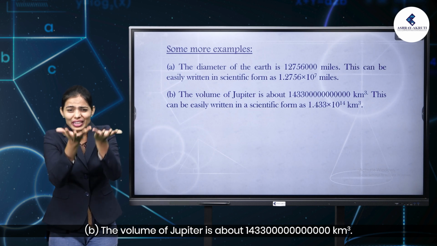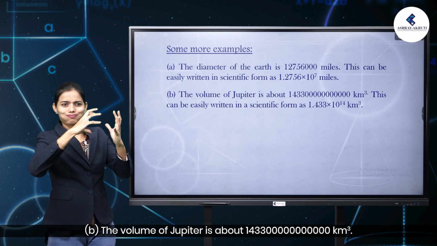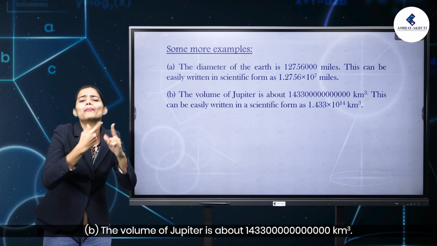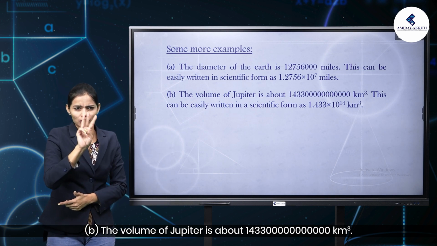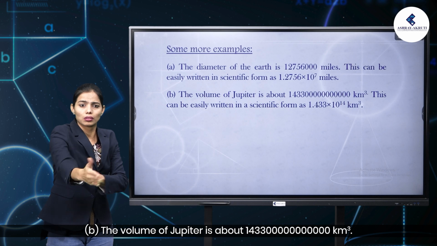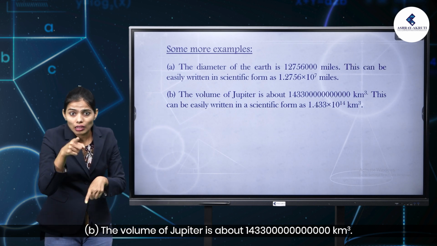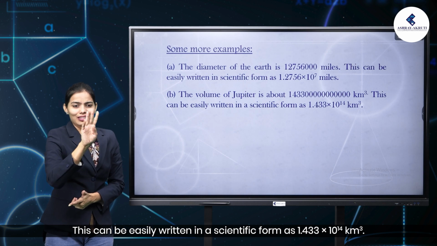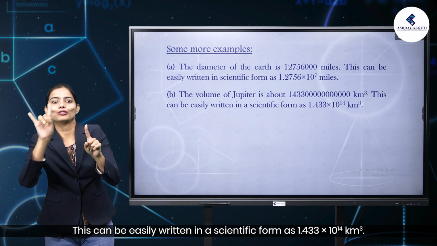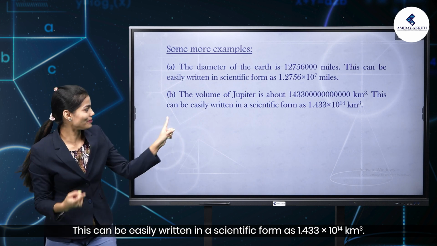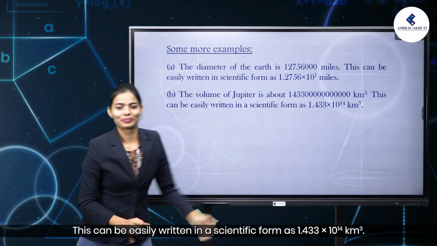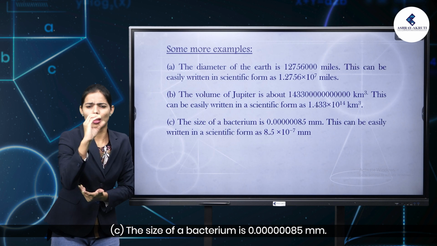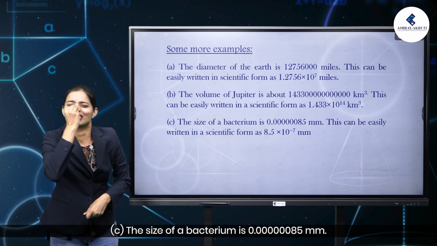The volume of Jupiter is about 1,433,000,... kilometer cube. This can be easily written in a scientific form as 1.433 into 10 power 14 kilometer cube. The size of a bacterium is 0.000... 85 mm.